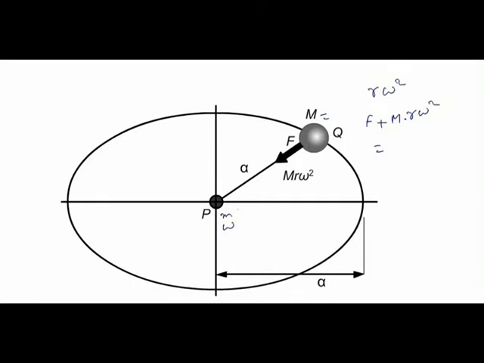Now for an observer with object P, the object Q will appear to move around a circular orbit with angular velocity omega dash. So these two forces are responsible for the centripetal acceleration of object Q. So this will be equal to M into capital R into omega dash square.